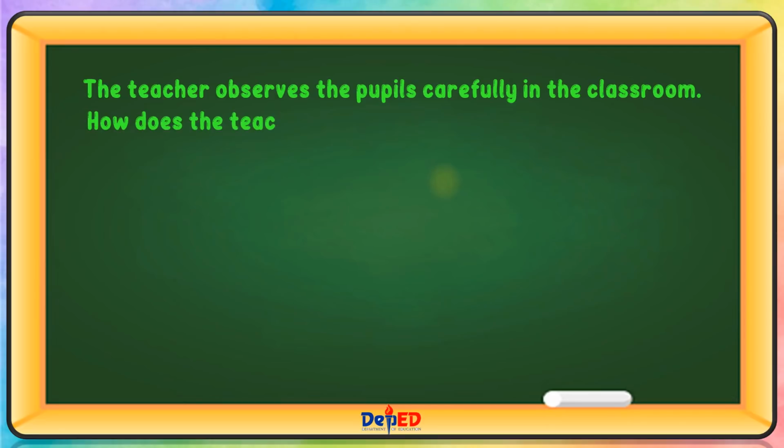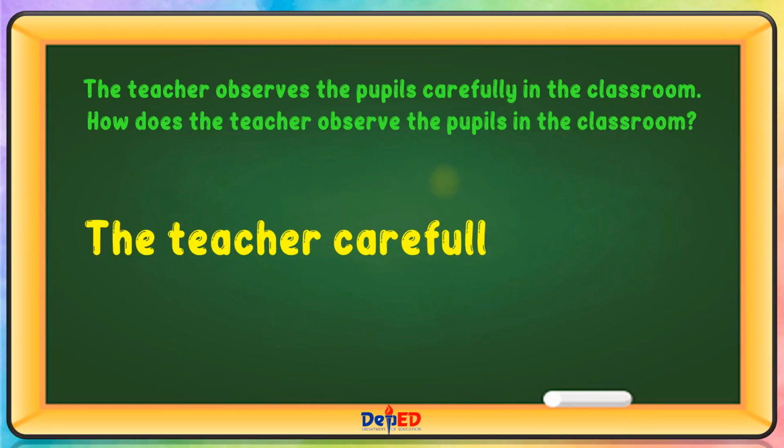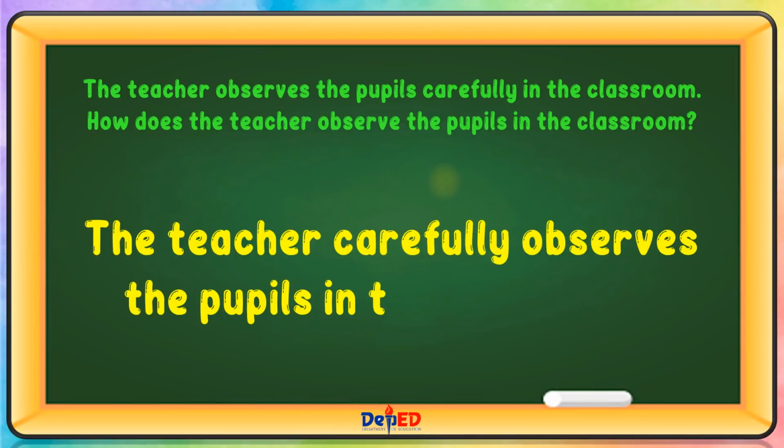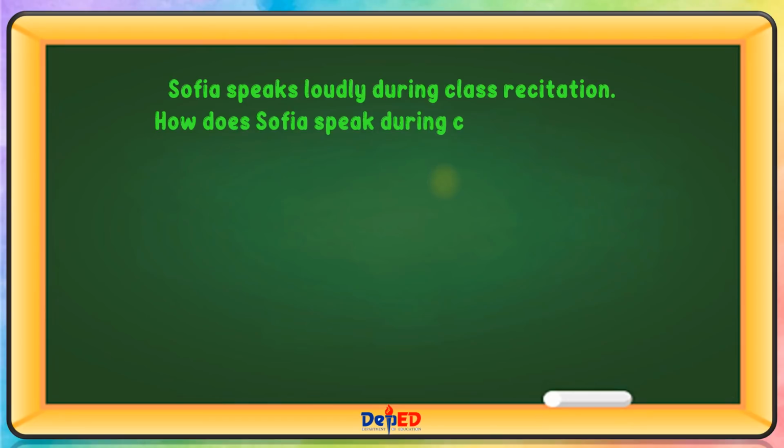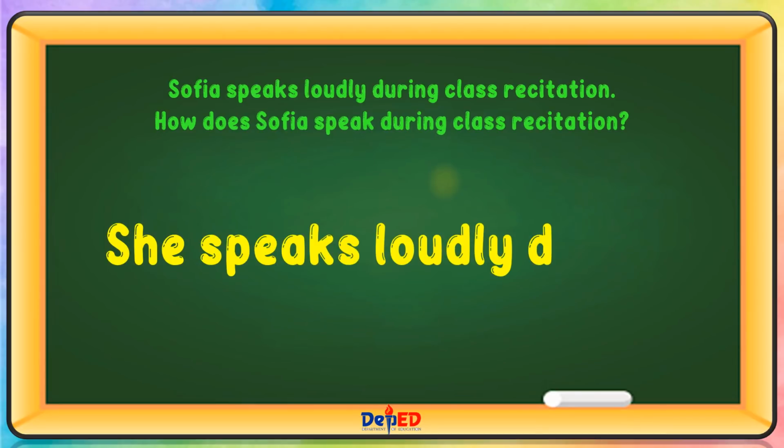How does the teacher observe the pupils in the classroom? The teacher carefully observes the pupils in the classroom. Sophia speaks loudly during class recitation. How does Sophia speak during class recitation? She speaks loudly during class recitation.